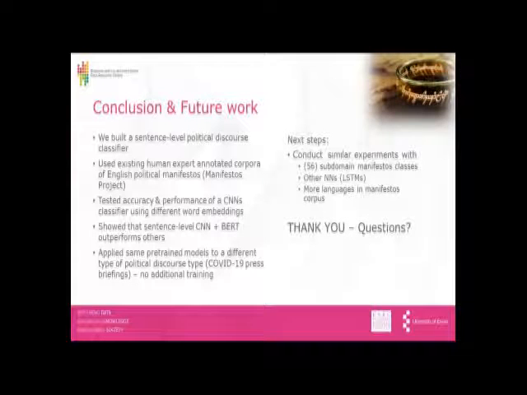And finally, we took that one step further to answer our second question, which is to apply the same pre-trained models to a different type of political discourse, the COVID-19 press briefings, with no additional training, and we saw quite a lot of difference in the accuracy being dropped.